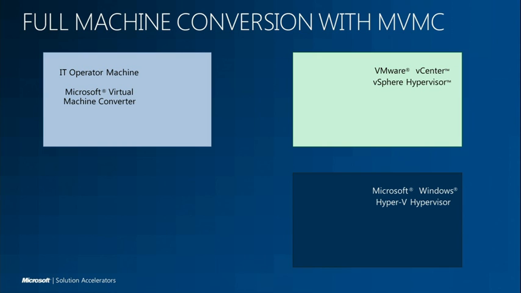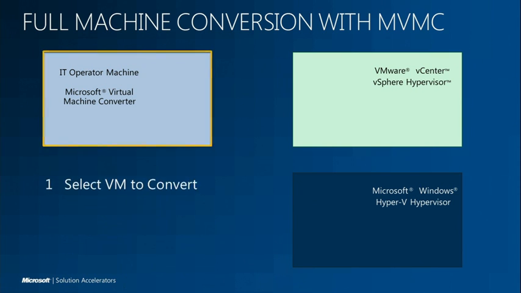The IT operator is working from their machine. There is a VMware host somewhere that they want to pick up a machine from and convert. There's a Hyper-V host somewhere that they'd like to deploy it to when they're done. So in this world, basically, the wizard is saying three things: tell me what you want to convert, tell me where you want to put it, and push the go button.